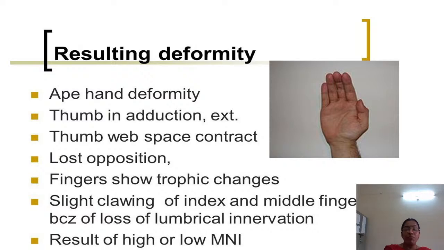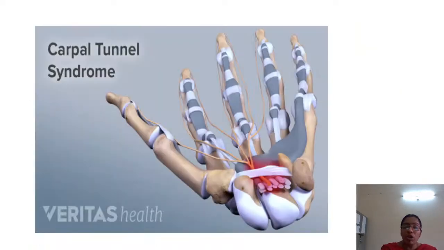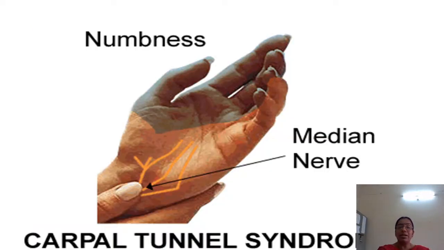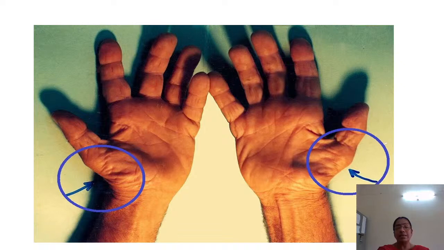It might be in the forearm or at the flexor retinaculum. But the common thing you can see is, I think by now you understand, carpal tunnel syndrome: compression of the median nerve as it passes through the carpal tunnel. You can see symptoms of numbness and pain along the 3.5 fingers the median nerve supplies.